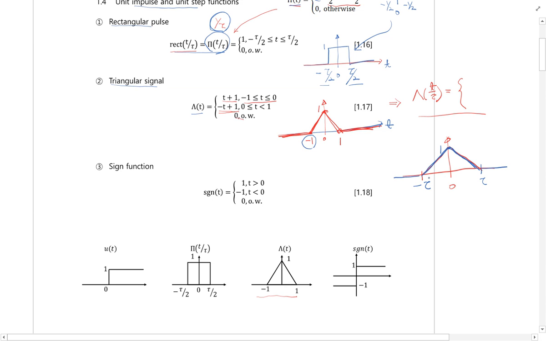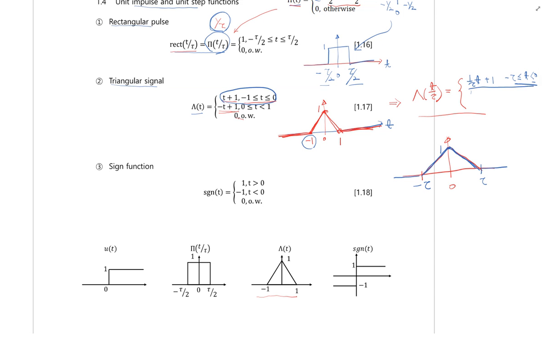So in this case, the first piece is 1 over tau times t plus 1, if t is between minus tau and 0. If t is greater than 0 and less than tau, then it follows this curve, where the slope is minus 1 over tau, times t plus 1.